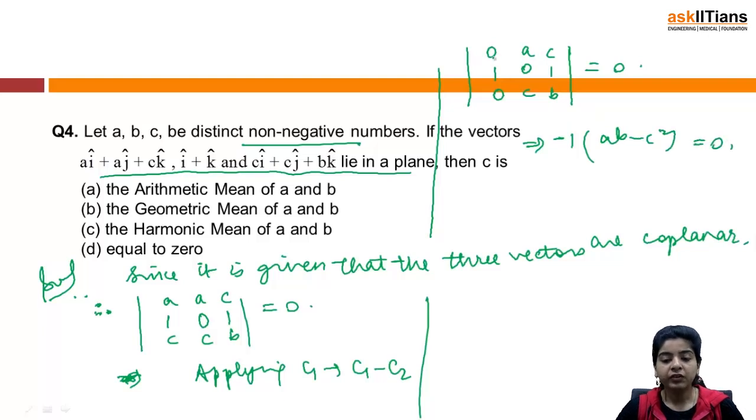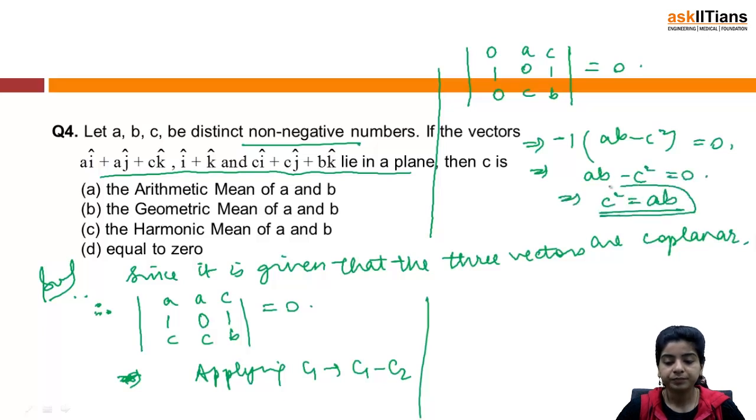I am expanding this determinant along the first column because I have got two zeros, that will save my time. I need to solve just one element in this. So I get minus 1 into ab minus c square is 0, which gives me ab minus c square is 0, or I can write c square is ab.